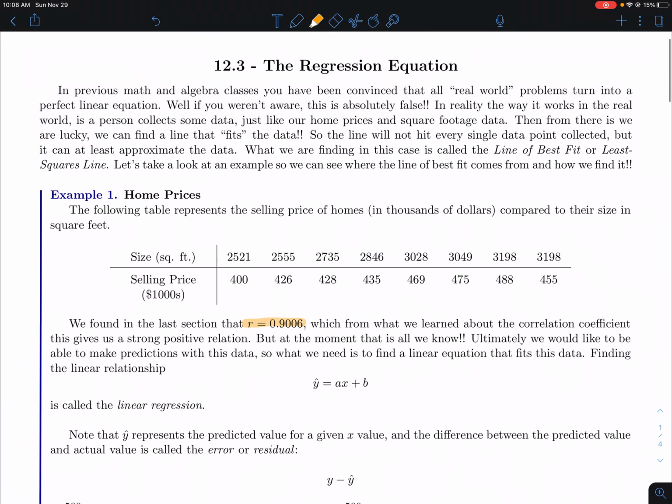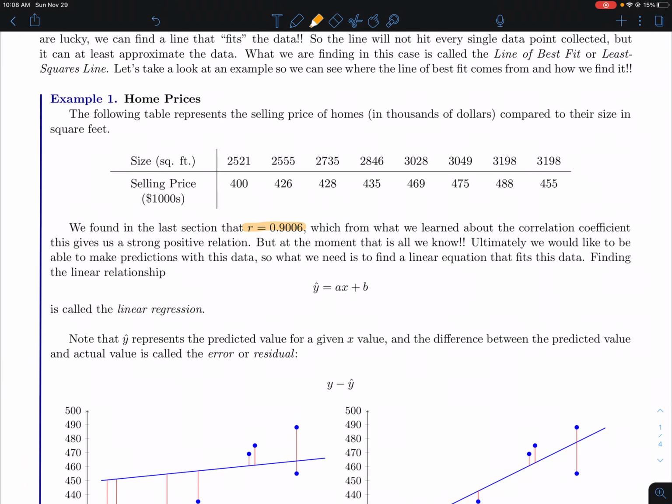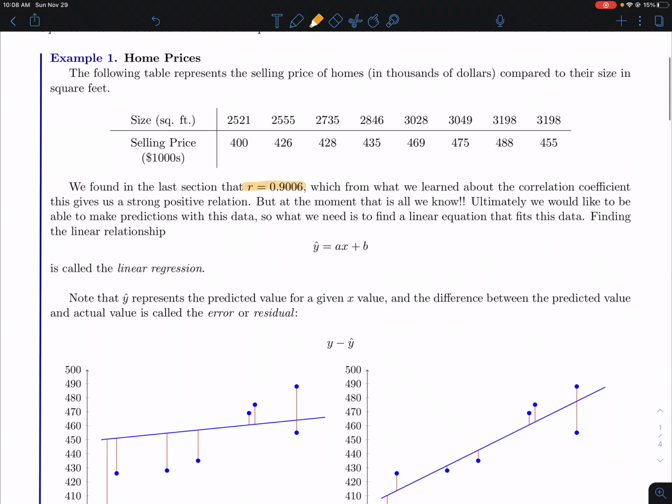All right, so now we want to figure out what the regression equation is. What is the equation that actually models this data? Again, using the same example, we found in the last section that our R value was 0.9006. From this, we learned the correlation coefficient gives us a strong positive relationship because it's bigger than 0.9.